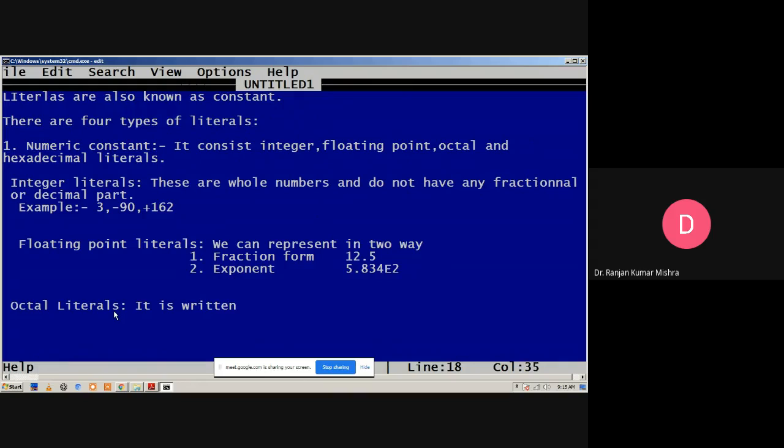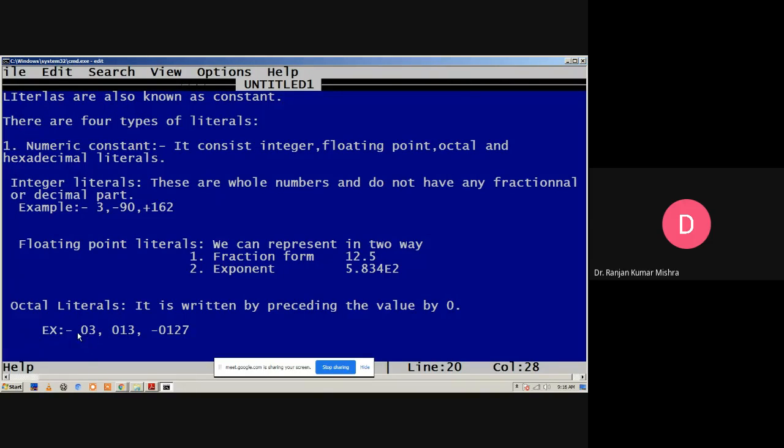For example, 03, 013, and minus 0127. So this is the octal literals.